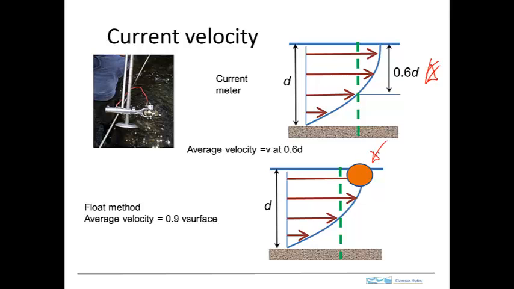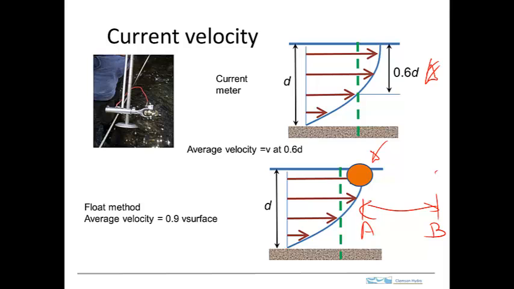One thing that's used, that's what's being shown here, is this is supposed to be an orange. So if the water's deep enough, you can float an orange in there. An orange will float, but it'll float just right close to the surface of the water, and so you won't have the wind blowing it around. And you have two points along the stream, and you time how long it goes from point A to point B. And if you know the distance between point A and point B, then you can get the velocity.